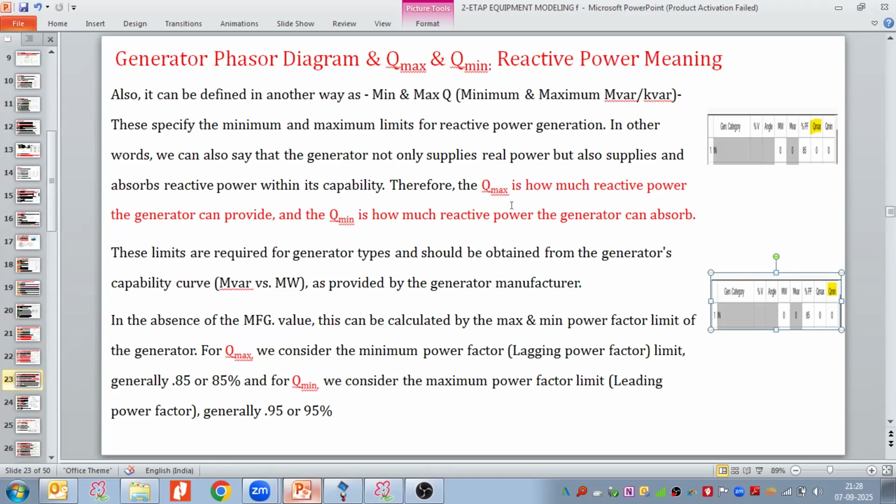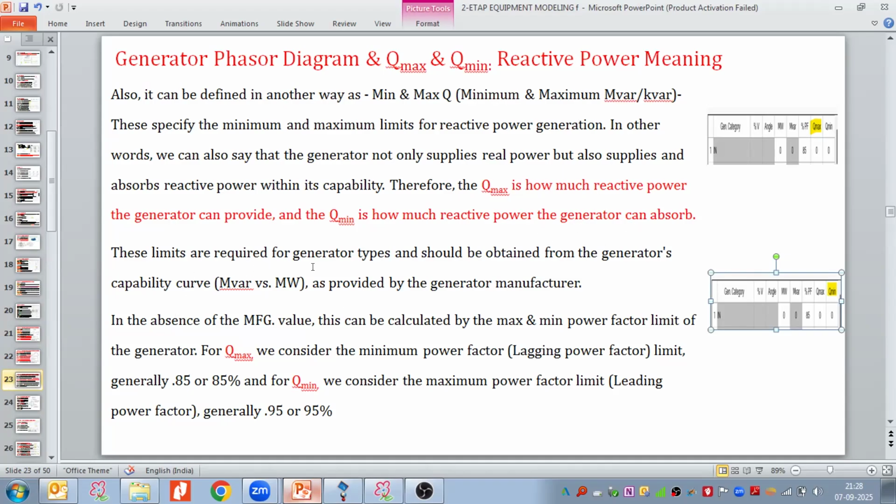Therefore, the Qmax is how much reactive power the generator can provide or supply into the electrical system, and Q minimum is how much reactive power the generator can absorb from the system in order to maintain its terminal voltage.